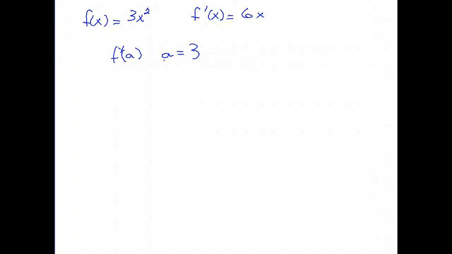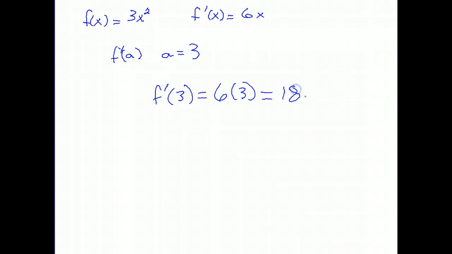So we simply have to plug that in. F prime of 3 is going to equal 6 times 3, which is equal to 18. So right there, doing number 1 and number 13 will help you out in doing number 2 with 14 and number 3 with 15.